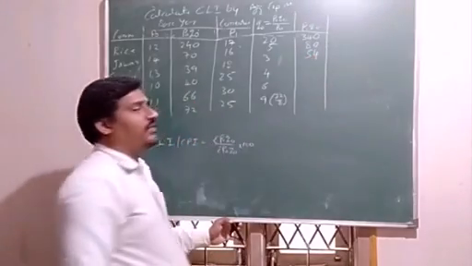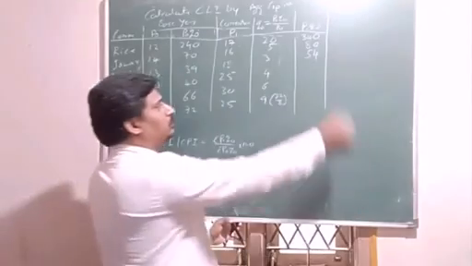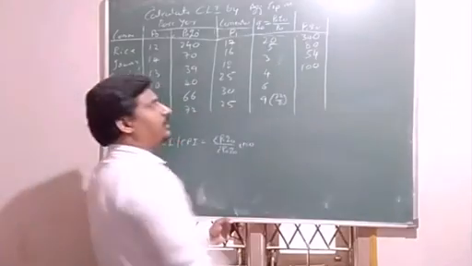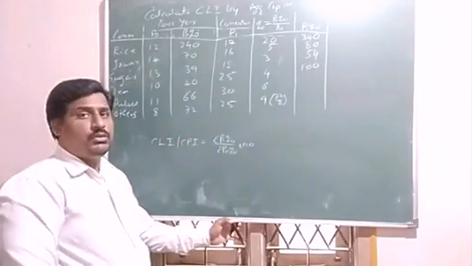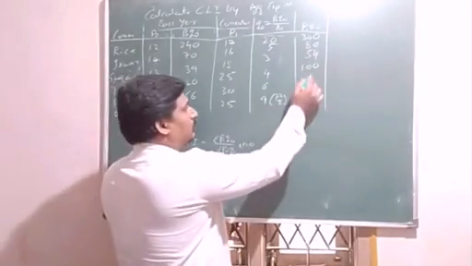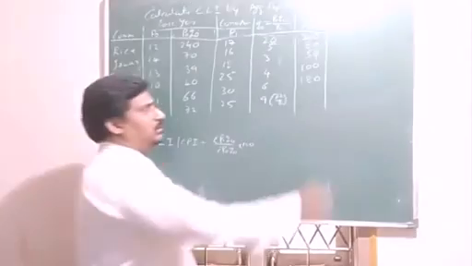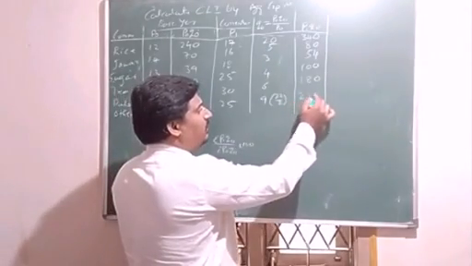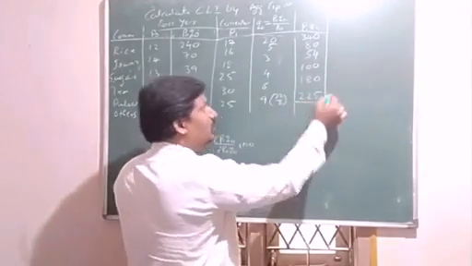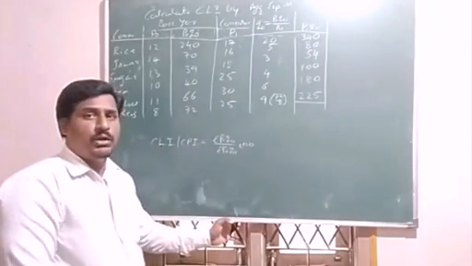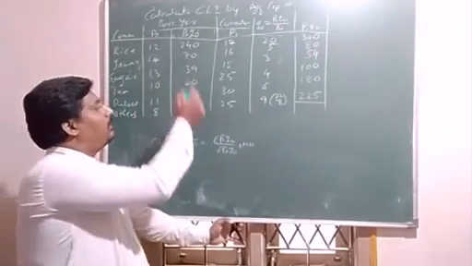Next 25 into 4, 100. 30 into 6, 180. And 25 into 9, 225. Now make the total of the P1 Q naught column and the P naught Q naught column.